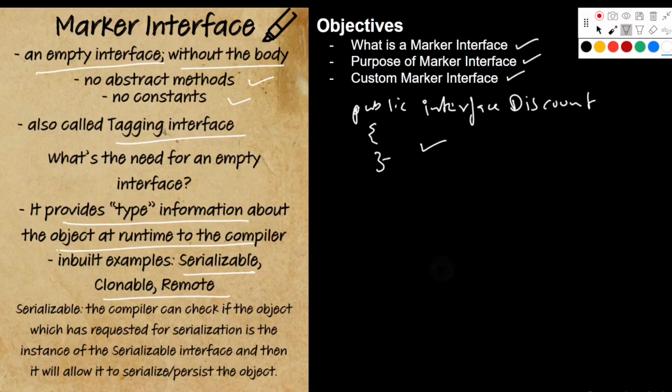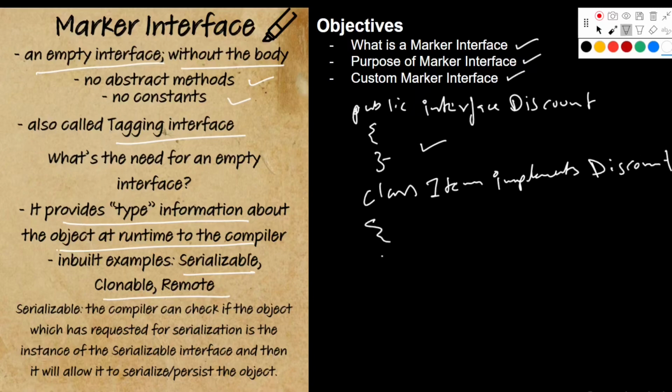Say for example, we implement a class called Item, and this implements the Discount interface, and then there is some public method, maybe public void buy, something like that.